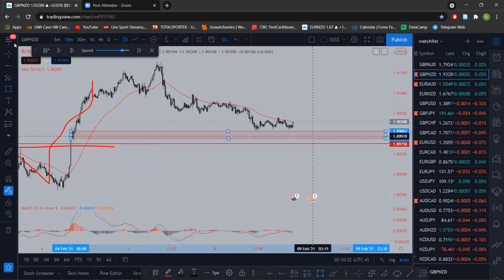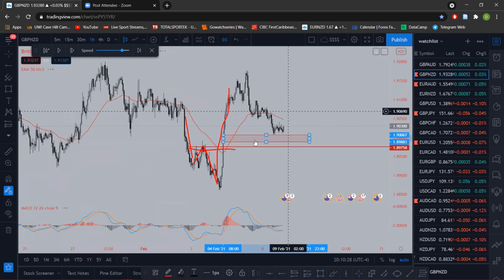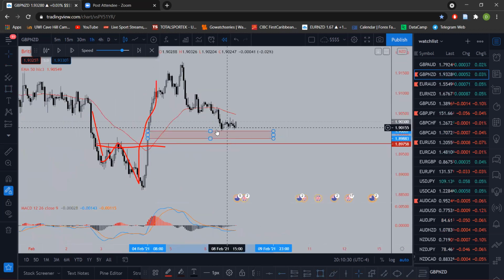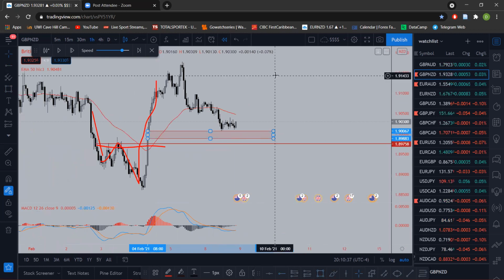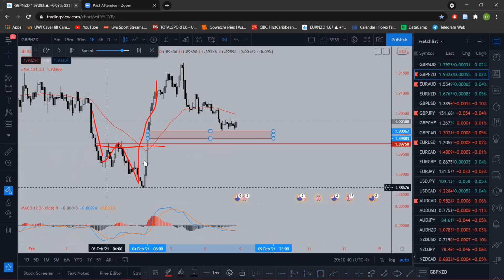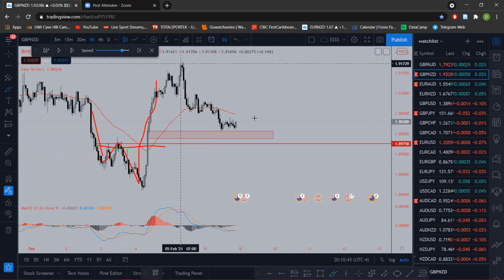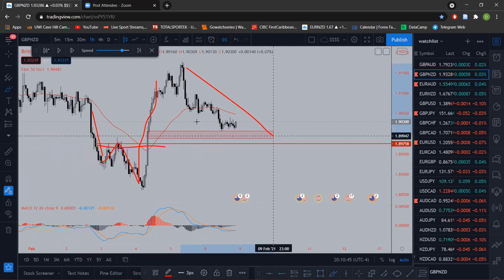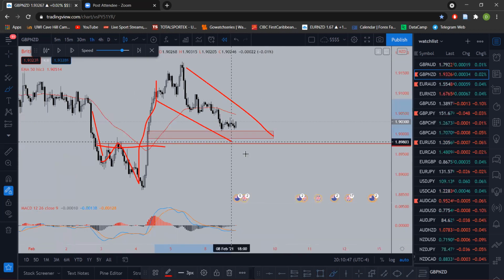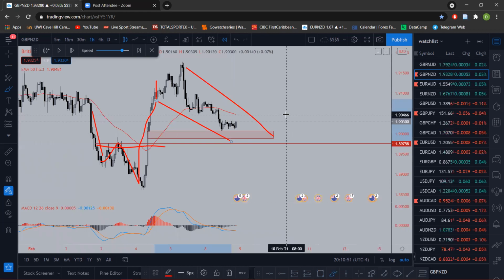So we can look for the flag, for price to pull back here and the flag to finish in this area, or we could look for the top, this retest area here, and then go up. So we have our impulse, the flag, which we're saying comes down to this area, and then we're looking for it to go back up.